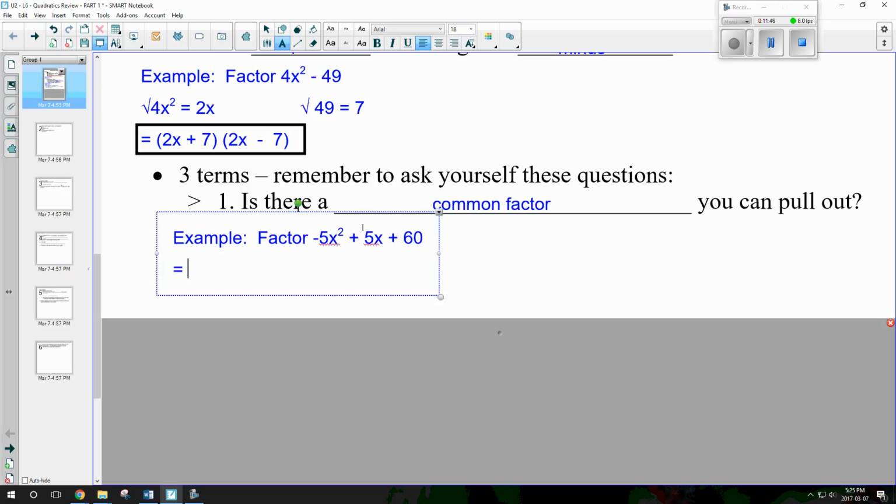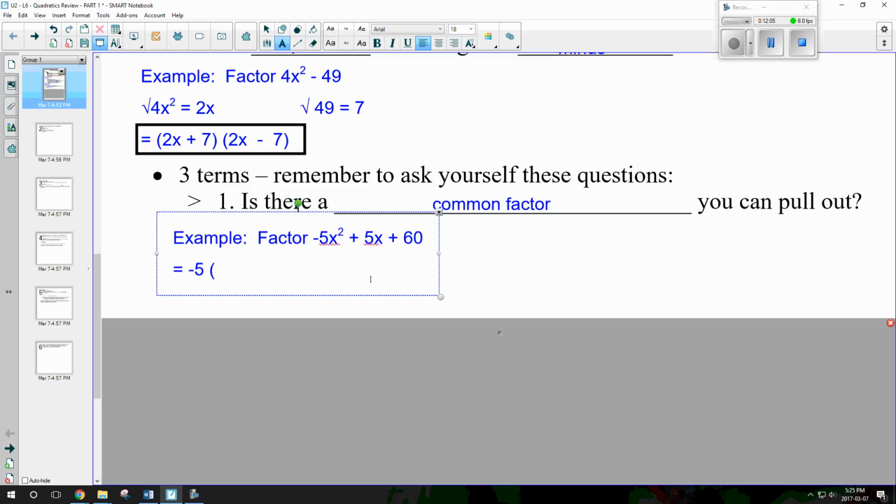If you check first to see if there is a common factor for you to take out, you should notice that actually you can divide a 5 out of every single one of those terms. And actually you can divide out a negative 5 so that there's nothing in front of this x squared after you're done. So your common factor is a negative 5, so it sits out front.